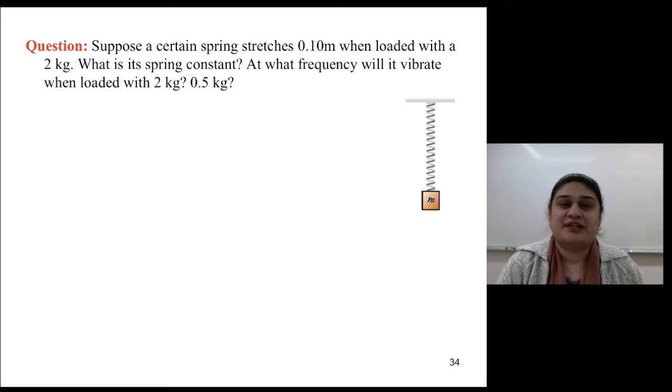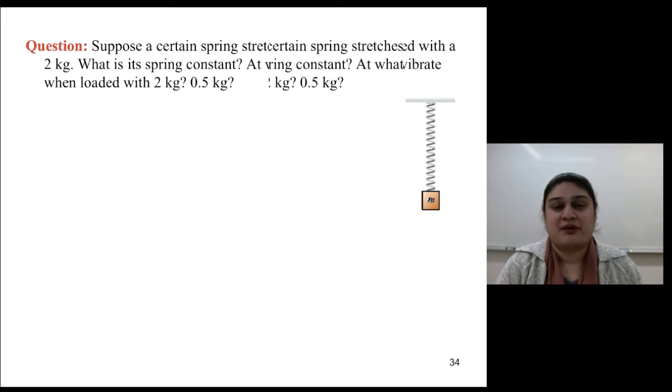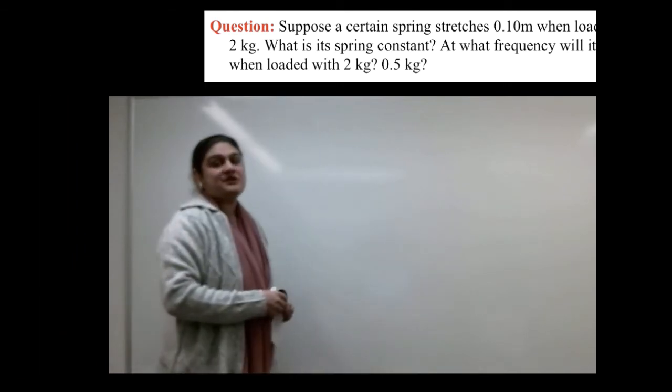Now let's consider an example. Suppose a certain spring stretches 0.1 meters when loaded with a 2 kilogram mass. Find the spring constant. At what frequency will it vibrate when it's loaded with a 2 kilogram mass and a 0.5 kilogram mass? So what does the question say?